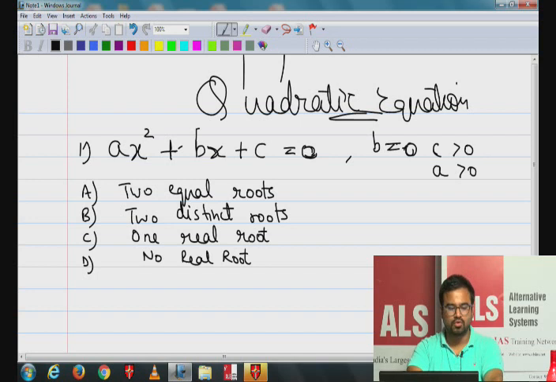Okay, Kohima is saying two equal roots. And how are you figuring out which concept you are using to decide whether it will have two equal roots, two distinct roots?